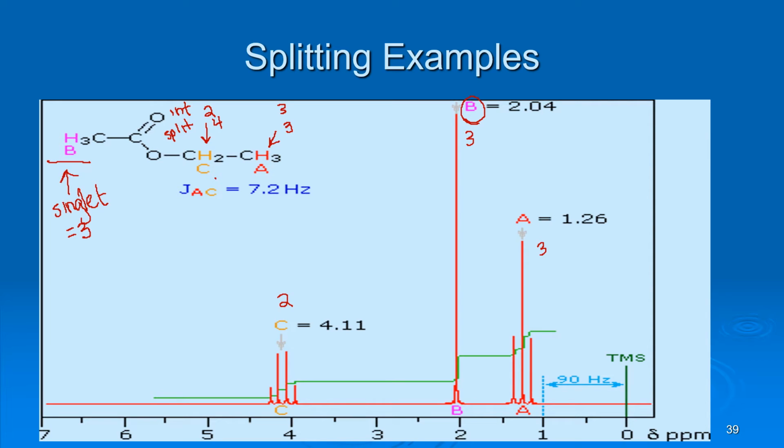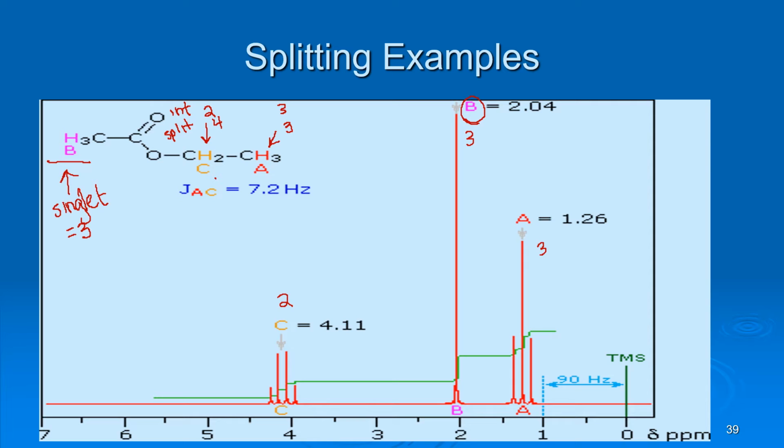And just to remind you, as far as where they're located along here, notice that this is the farthest away, so we expect it to be the closest to the TMS, tetramethylsilane peak. So it's down here around 1.